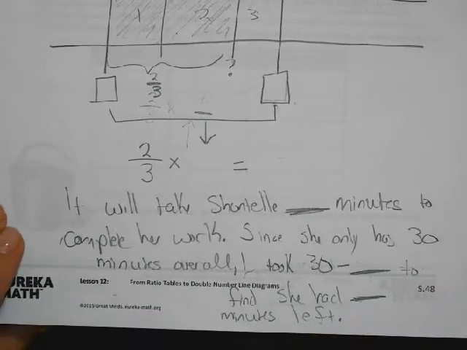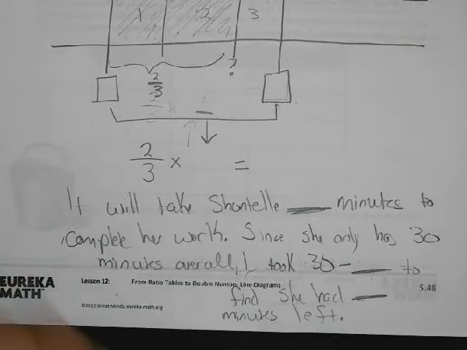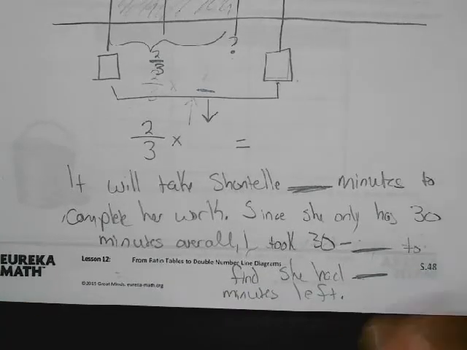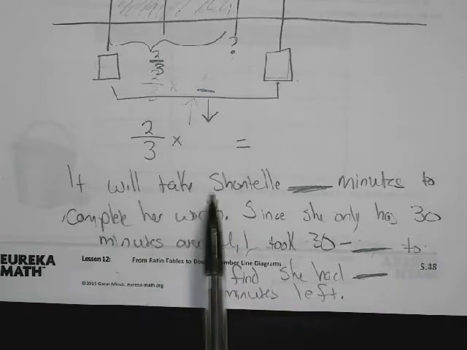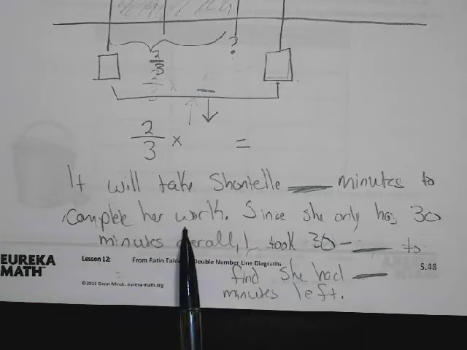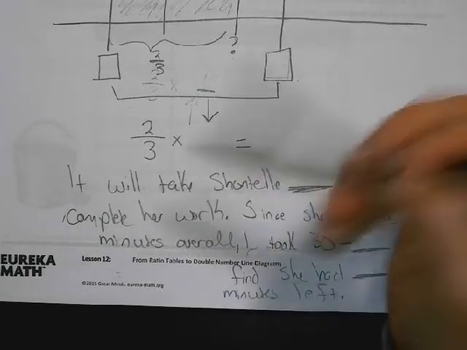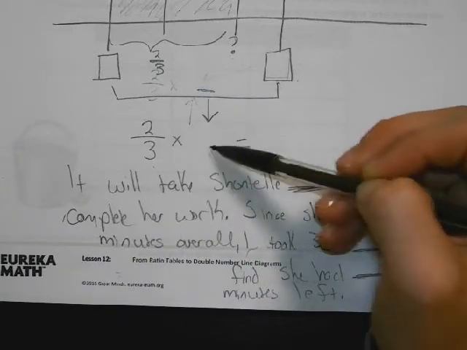And so if you look here, I even gave you the phrase for you to write it out. It will take Chantel blank minutes to complete her work. Since she only has 30 minutes overall, I took 30 minus the answer to find that she had the answer minutes left.